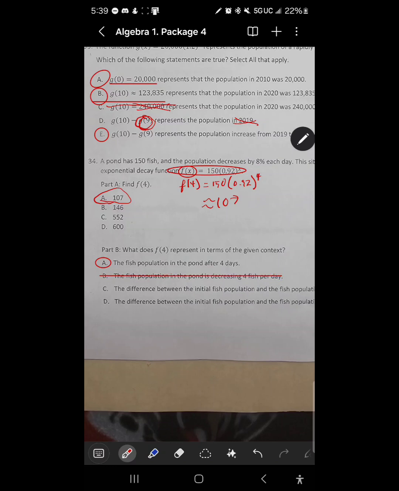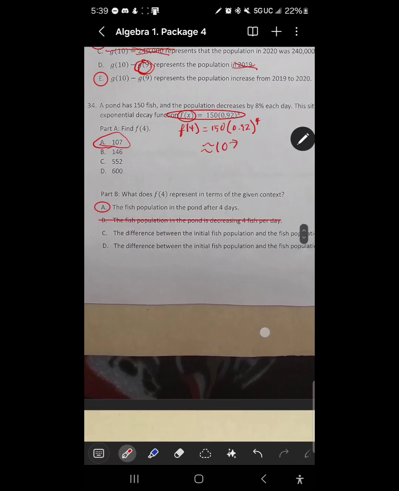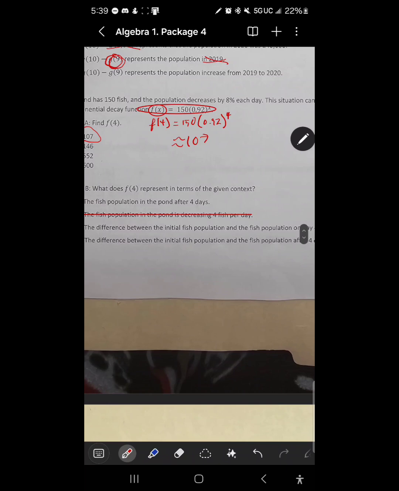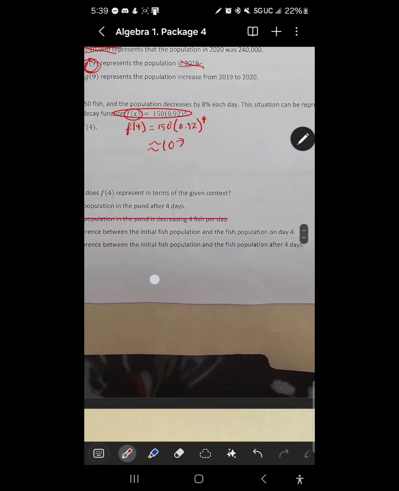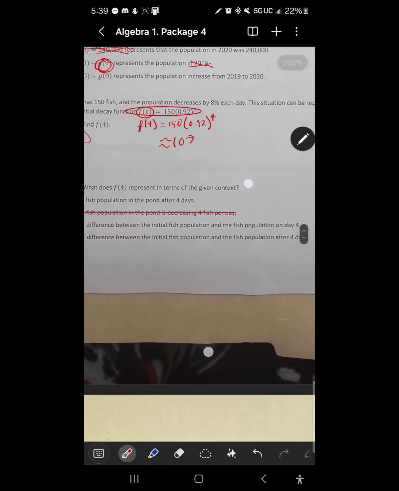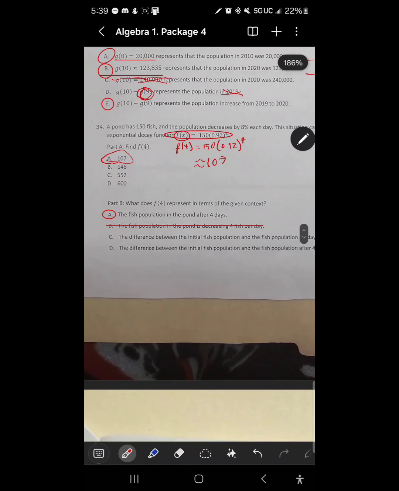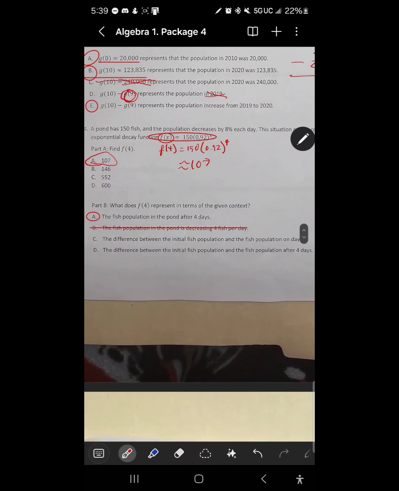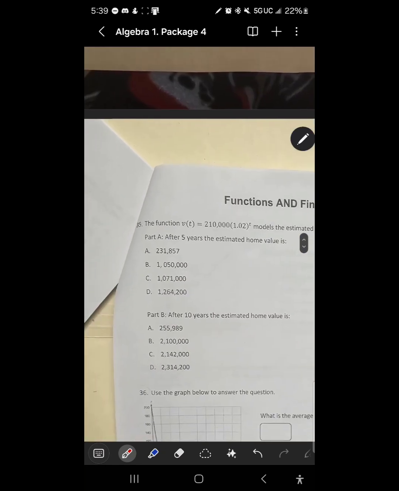Actually, they say it is decreasing 8% each day, so no. The difference between the initial fish population and the fish population on the day, again, that's nothing to do with what we are doing. The difference between the initial fish population and the fish population after 4 days, again, we are not looking at a difference of anything. So yeah, it is the first one.